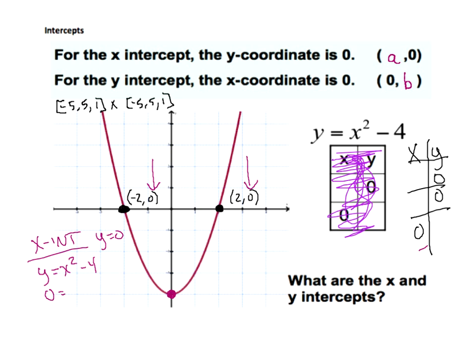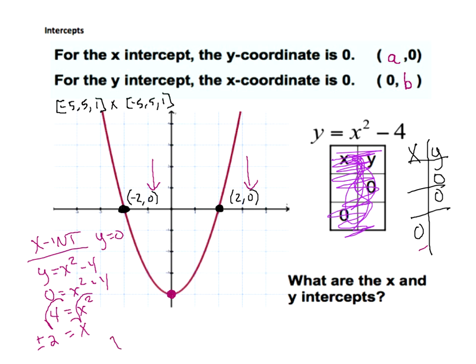So I'd plug in 0 for y. 0 equals x squared minus 4. Add 4 to both sides and get 4 is x squared. Take the square root of both sides, and x equals positive or negative 2. Don't forget, when you use the square root property like that in an equation, you have to take the positive and the negative into consideration.